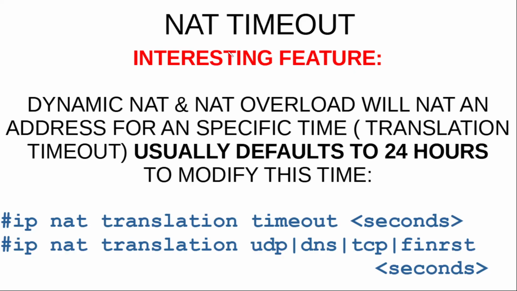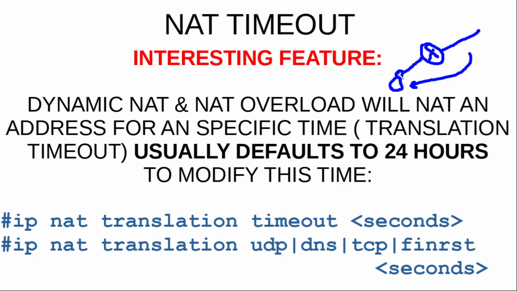There is an interesting thing here to talk about, which is the NAT timeout. Let's say that you are using NAT overload or dynamic NAT, and then you are assigning certain resources to a user. So a certain user is assigned a certain NAT resource, for instance, for overload or dynamic.